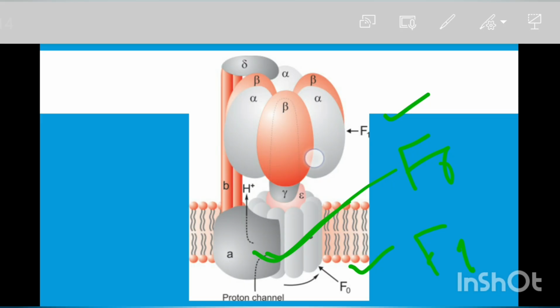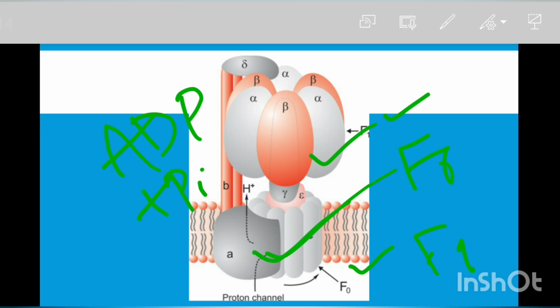And the F1 component is a peripheral protein component, which acts as the catalytic component for the synthesis of ATP. It binds to ADP and inorganic phosphate at its catalytic site inside the matrix.